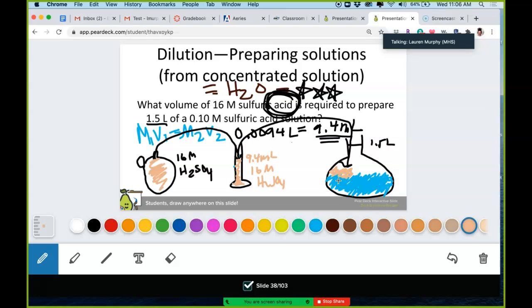And you'll mix it, and then once it's all mixed, you can fill up to 1.5 liters with distilled water. And now you've created a 0.1 molar sulfuric acid solution, and you have 1.5 liters of it.